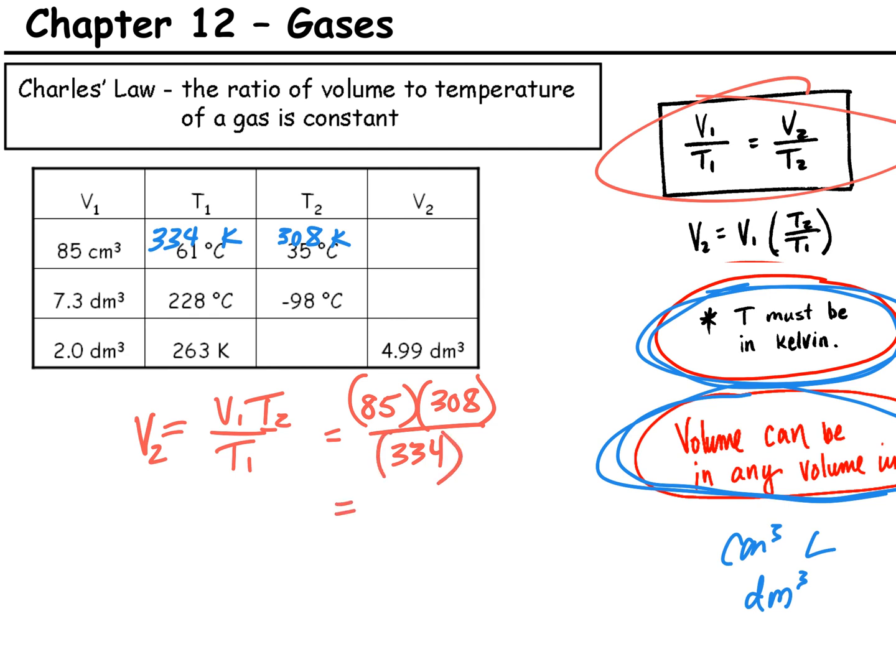Calculator says 85 times 308 divided by 334, 78.4. Now that would be in centimeters cubed.